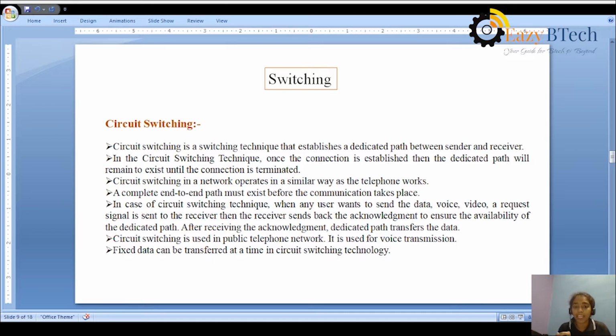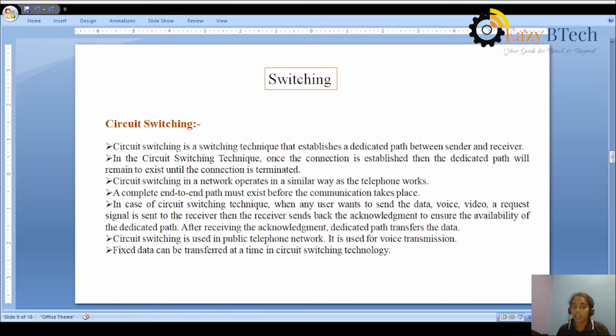You can call it 1 or 0, anything. If the receiver accepts that request signal and sends an acknowledgement back to the sender, it means he is available and accepting the signal. This ensures the availability of the dedicated path. Dedicated path means establishing a particular physical channel from source to destination. After receiving the acknowledgement, the dedicated path transfers the data.